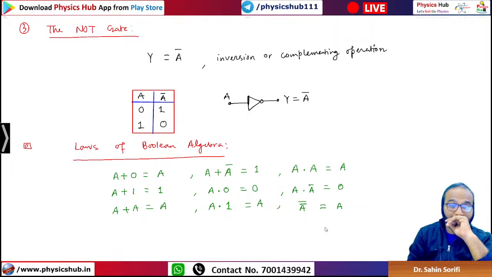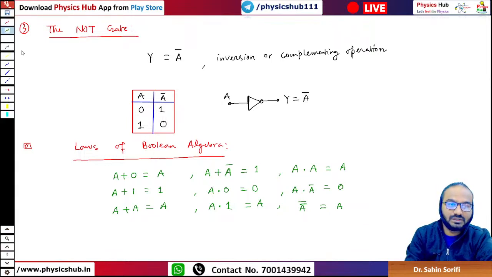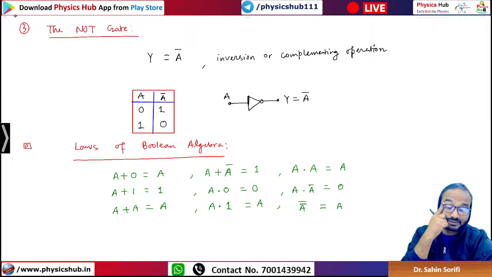Now there are various laws in Boolean algebra, the laws which you see in your mathematical physics also, like commutative laws.